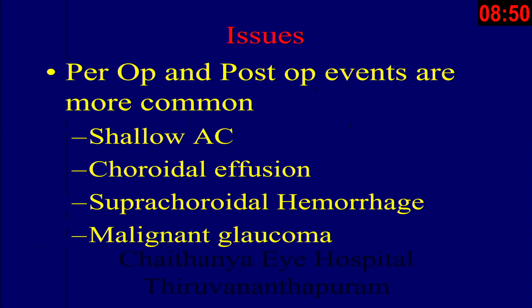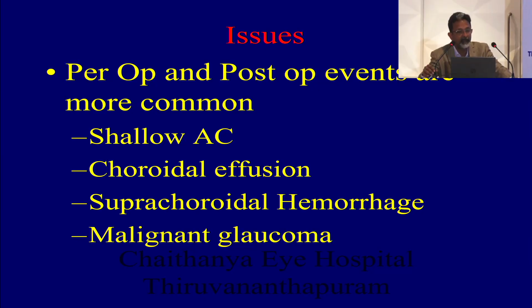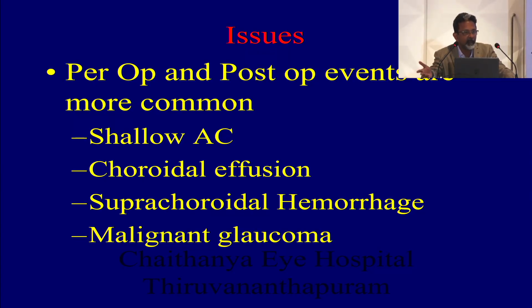In angle closure, we have more pre-op, per-op and post-op events that can happen more commonly than in an open angle. Primarily, we have a shallow AC to start with, and it can be made worse with choroidal effusion, suprachoroidal hemorrhage, malignant glaucoma.